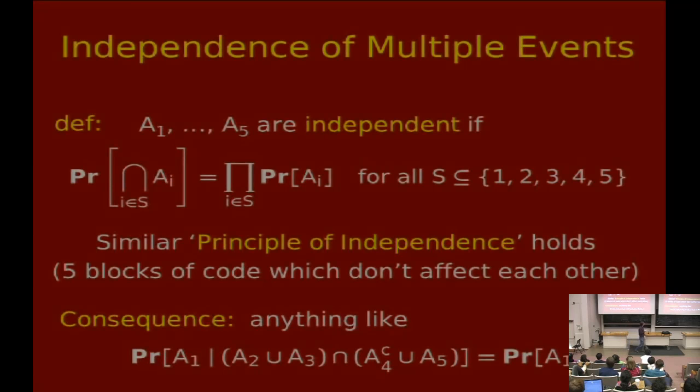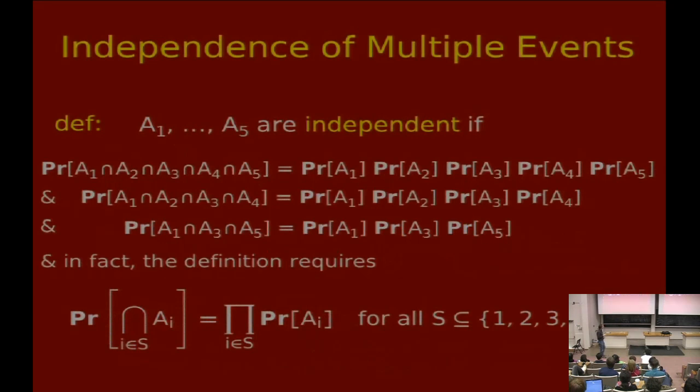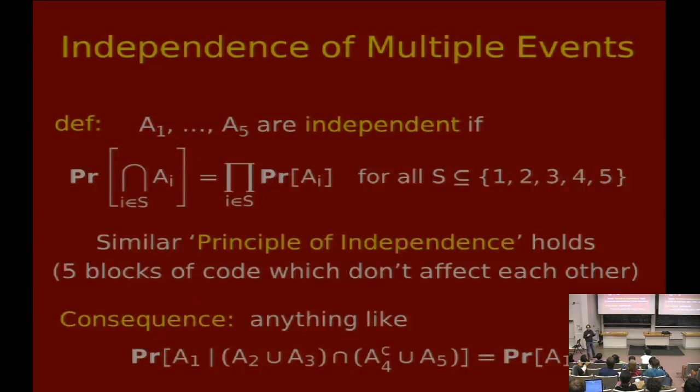And it's not obvious, but it takes a little work, which I won't do, to see that if you know that A1 through A5 are independent, then it's not just that these formulas hold. All the facts that you would imagine are true based on the name independence are indeed true.